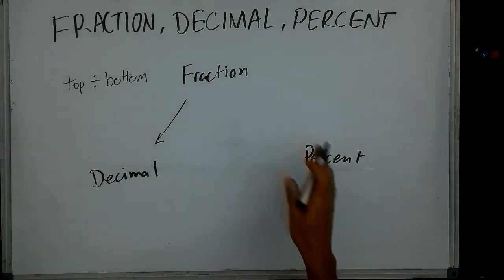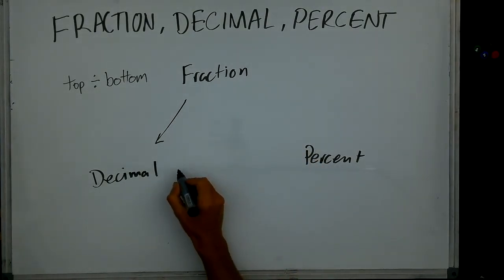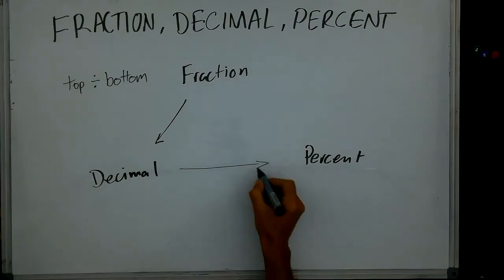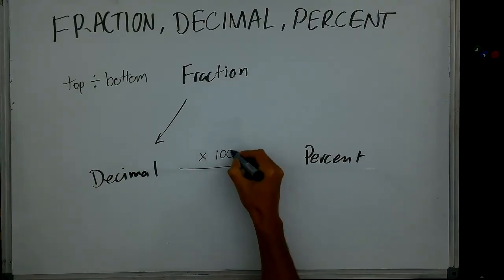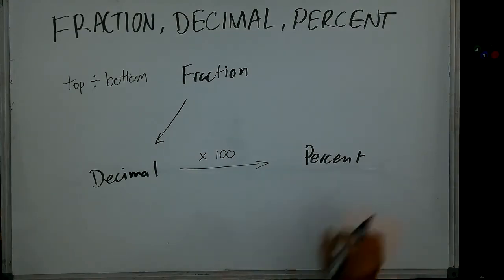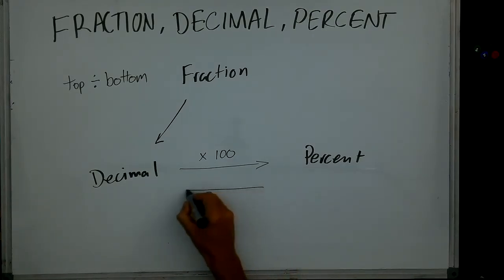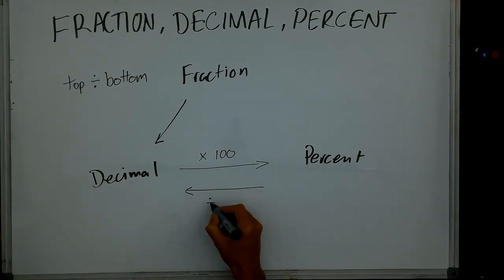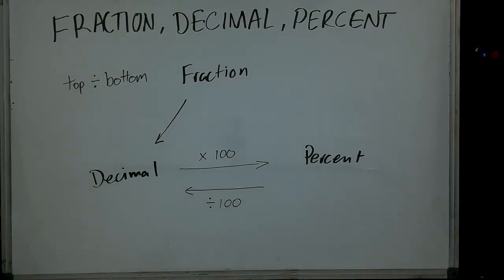Fraction to percent, easier to go fraction to decimal and then decimal to percent. Decimal to percent was times by 100, and we write the little percent sign. That sort of means hundredths. And percent to decimal going this way, divide by 100, and we lose the percent symbol.